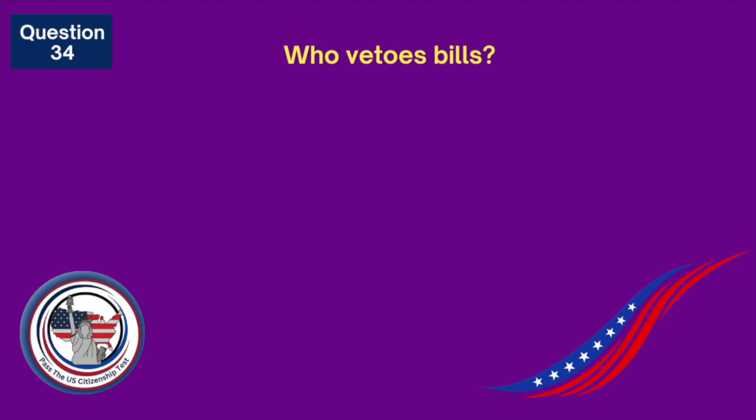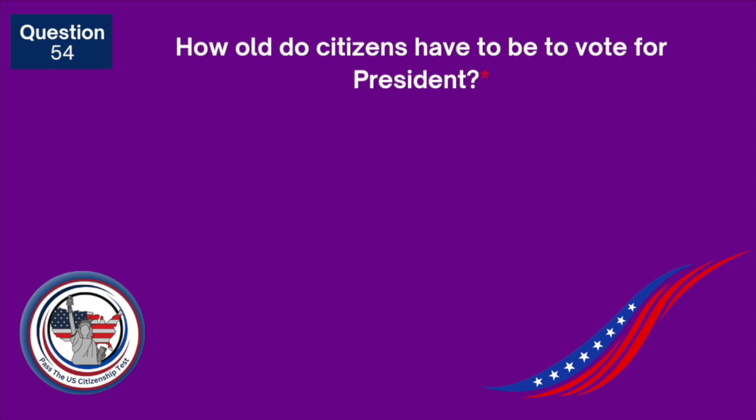Who vetoes bills? The President. How old do citizens have to be to vote for president? 18 and older.